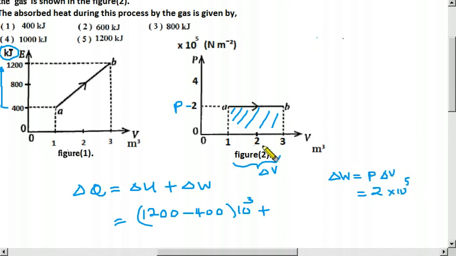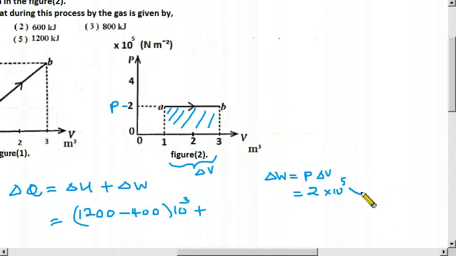What is delta V? Delta V is 3 minus 1, 2 cubic meter, then we have to multiply it by 2. So the answer is 2 times 2 is 4, 4 times 10 power 5 joule.